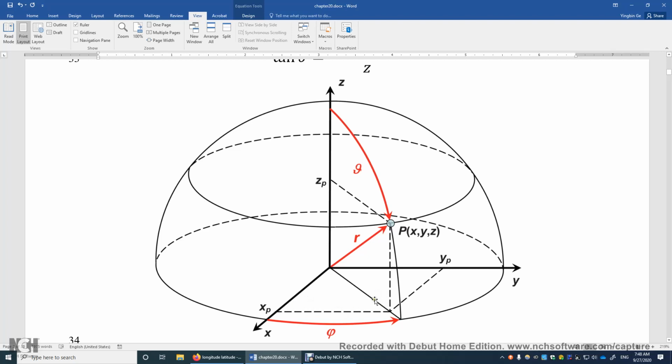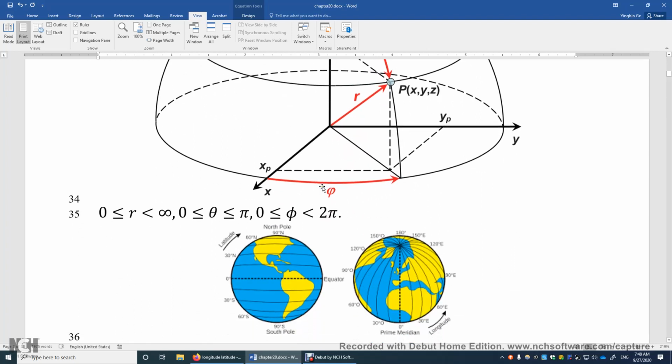This is phi. Alright, so if we know the values of r, theta, and phi, we can also define the position of the electron. Theta corresponds to the latitude of Earth. Phi corresponds to the longitude of the Earth.